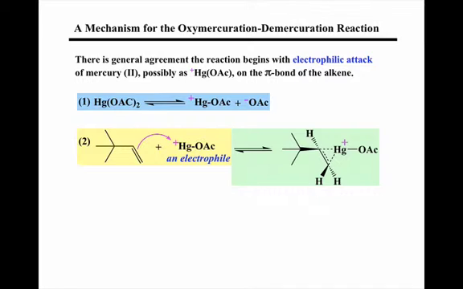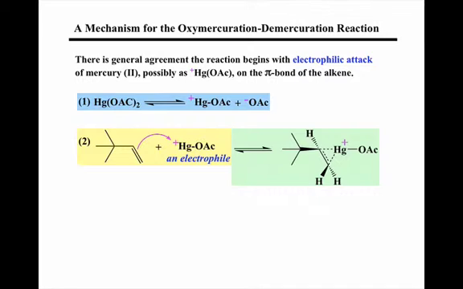Where does the water have to come in? Where does it attack? If it attacked the mercury, I would end up with an HgOAcOH. That's not what we end up with. Where does the OH end up? This carbon or this carbon? This one. So since we know that's where it ends up, tell me where water has to attack. It has to attack that carbon.